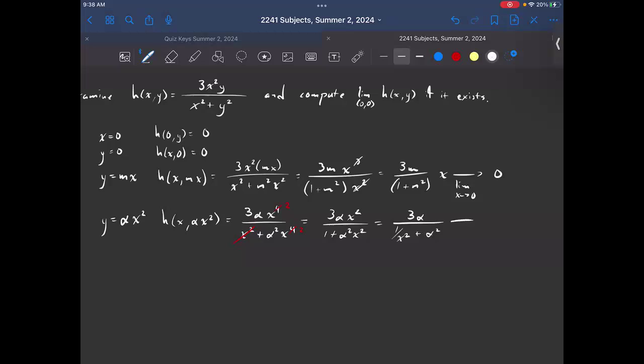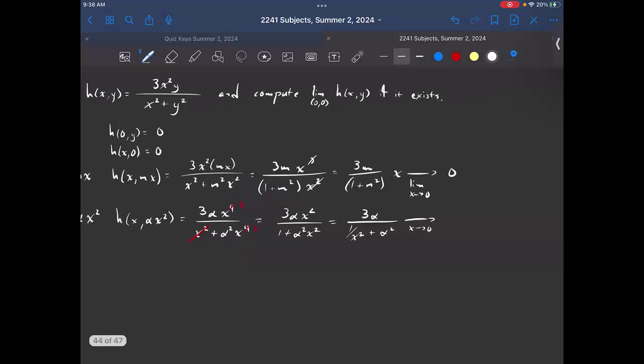Okay, and then the limit as x goes to 0 of this is infinity, and so we have 3 alpha over infinity plus alpha squared. Well, that's 0, because alpha is just some finite number.